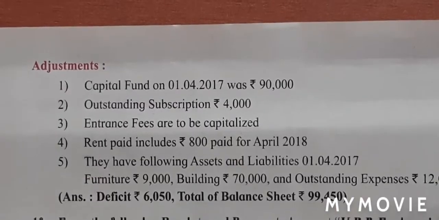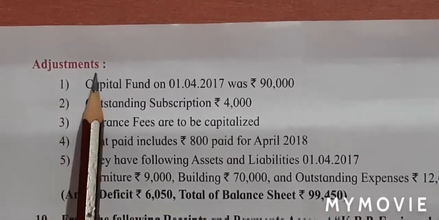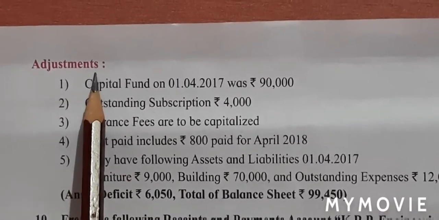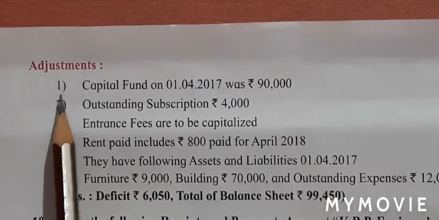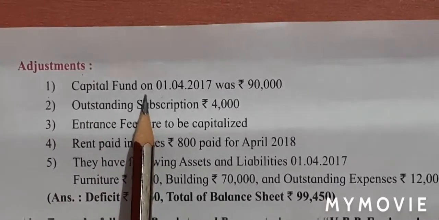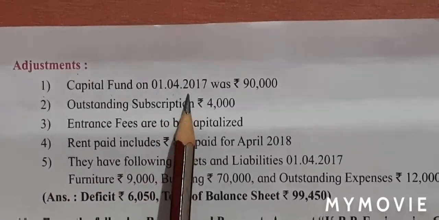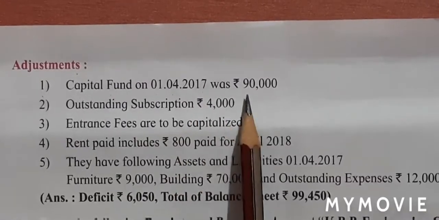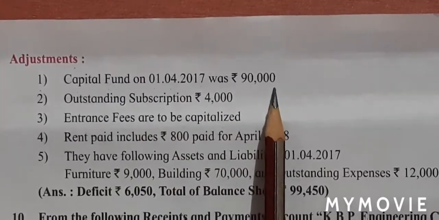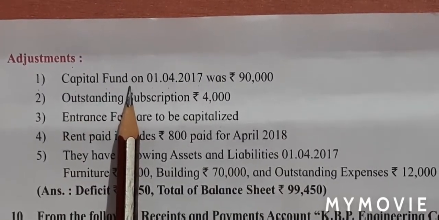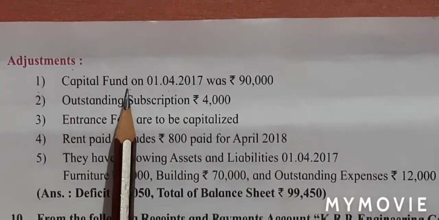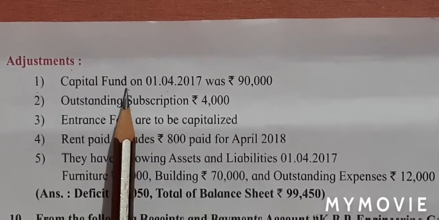Let's begin with our second step, reading of adjustments and marking star in the trial balance. Let's begin with the first adjustment. Capital fund on 1st April 2017 was rupees 90,000. Anything related to capital, students, we do not mark any star. Capital will be directly written on the liability side.